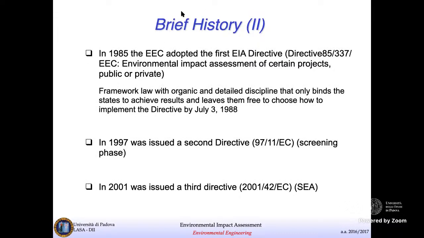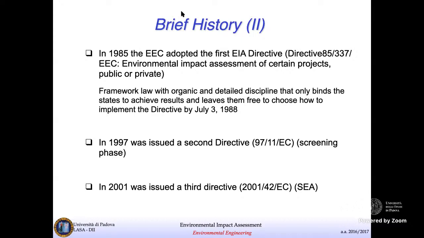Then, as I already stated, we have to wait until 1985 for the European Commission to issue the key directive, 85/337, the so-called Environmental Impact Assessment Directive, which stated that environmental impact assessment of certain projects, whether public or private, should be carried out.